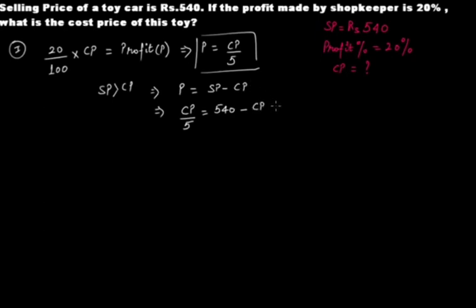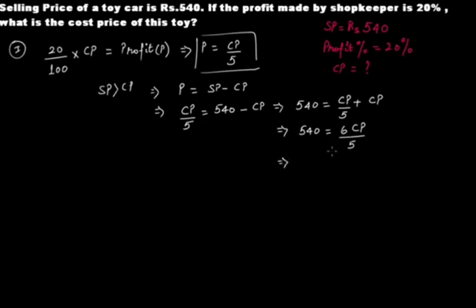That's what we have to calculate. So this gives you 540 equal to CP over 5 plus CP, and this gives you 540 equal to 6 CP, that is cost price, over 5.